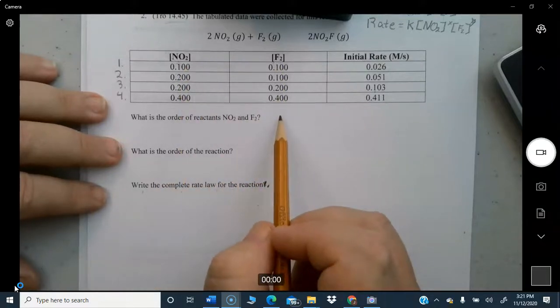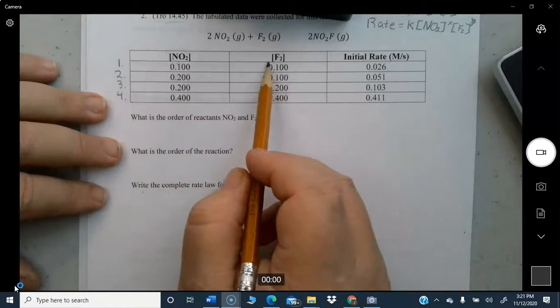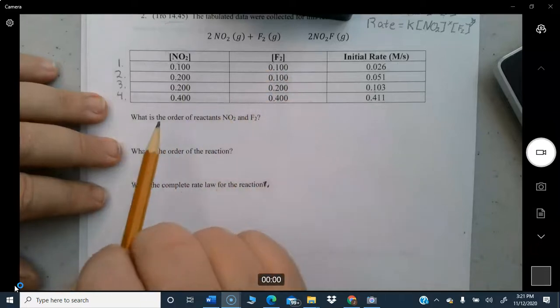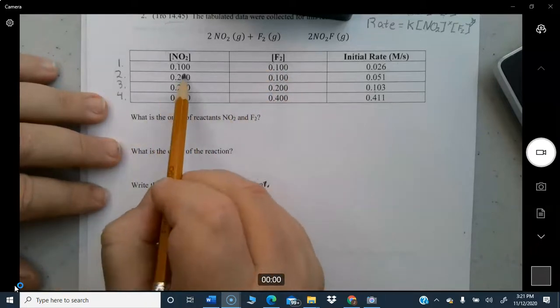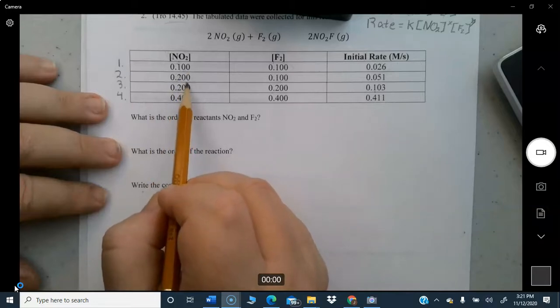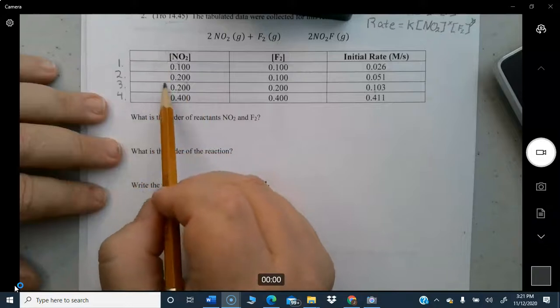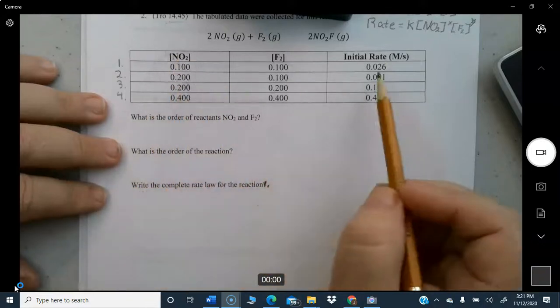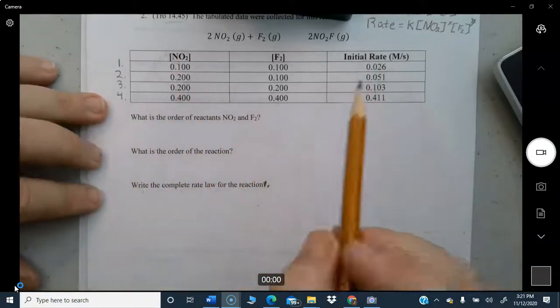And if you look here, you can see that numbers 1 and 2 would do that. F2 stays at 0.1, it doesn't change, and for NO2, we have 0.1 in one of the reactions and 0.2 in the other. So we're going to compare these concentrations with these rates in reactions 1 and 2.